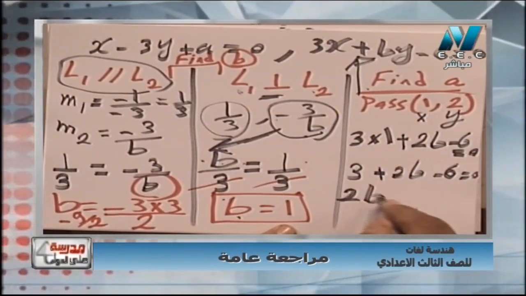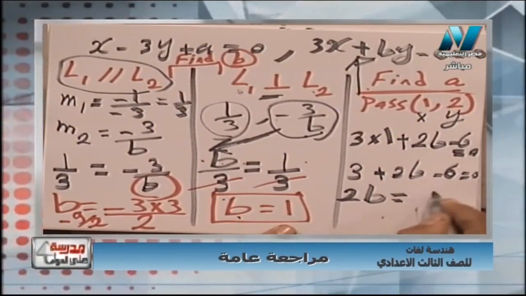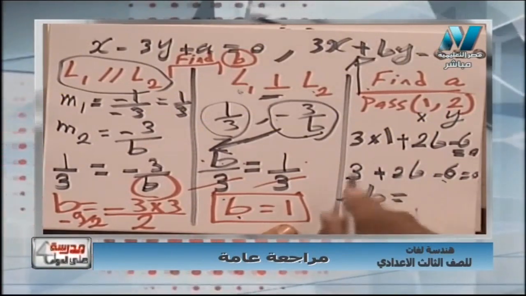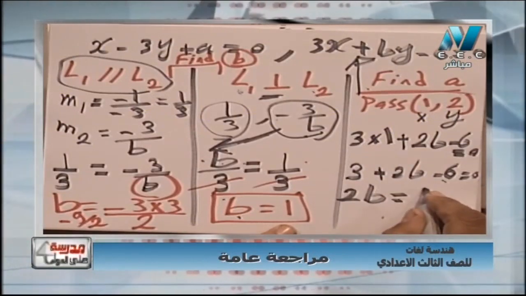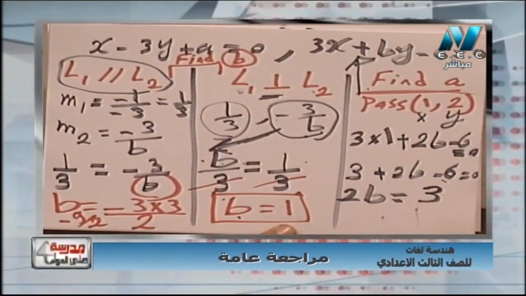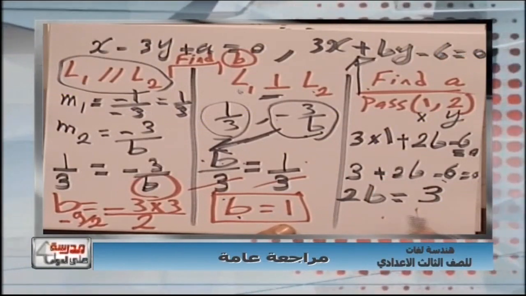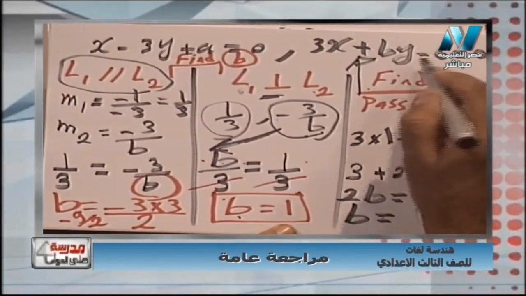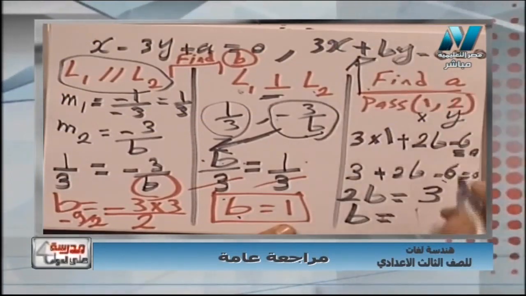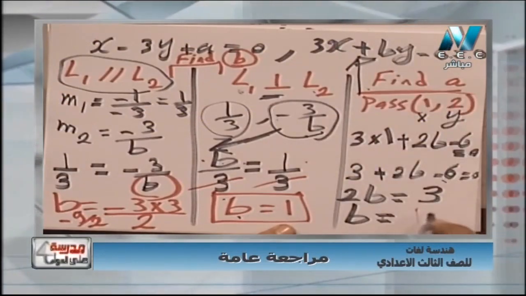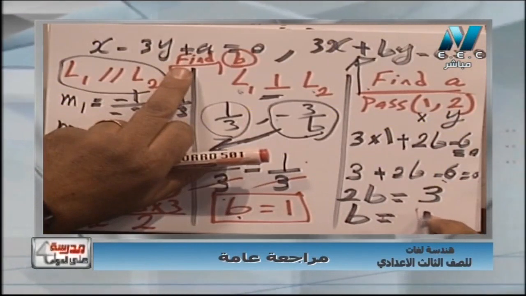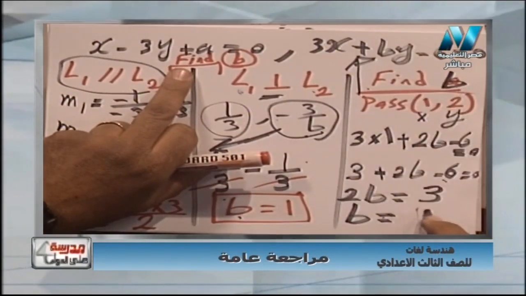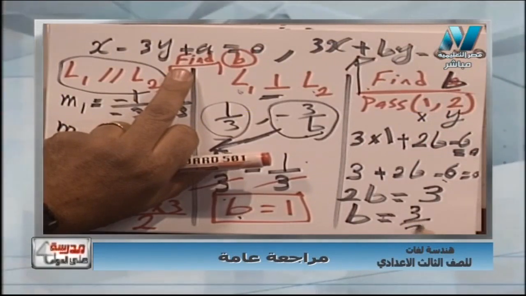Then 2b equals -6 plus 3, which equals -3. Change sign, then the -3 on the other side becomes 3. So the value of b, in the third case, is 3 over 2.